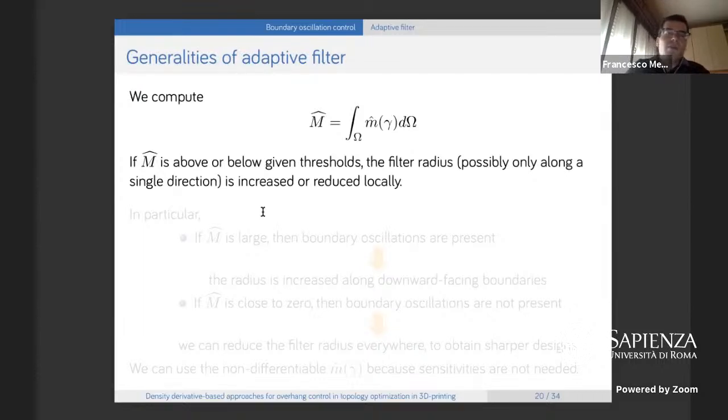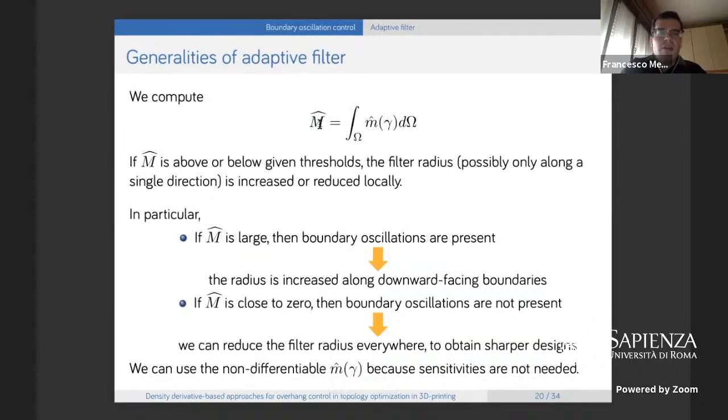Regarding the adaptive filter, integrating M hat, the exact projection of the measure M, in the entire domain, we obtain a value denoted by this capital M hat. Based on the values of this capital M, we can decide whether to increase or reduce the PD filter radius.